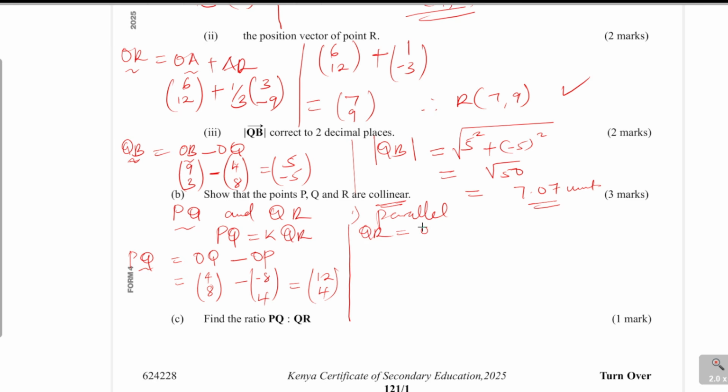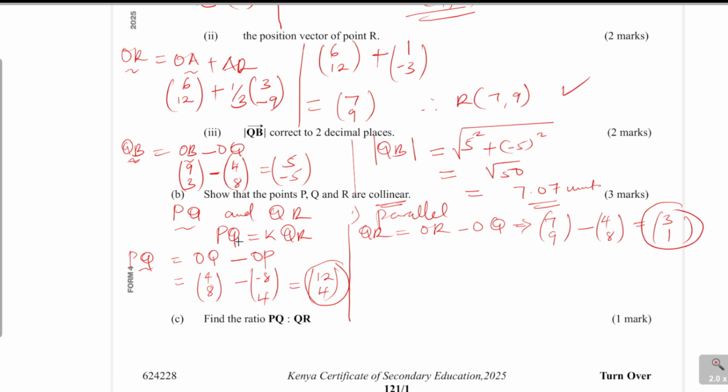Now let's get QR. QR, we get it by taking OR, subtract OQ. OR, we got 7, 9, is up there. Then OQ is 4, 8. When you subtract these, you get 3, 1. Now after getting the 2, you have PQ is there, and you have QR is here.